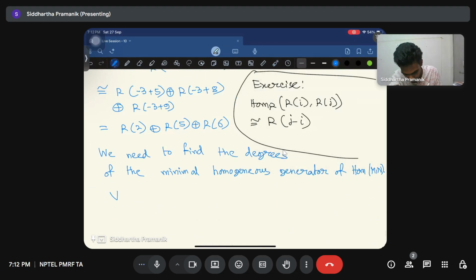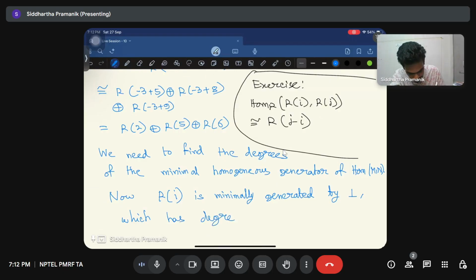Now R(i) is minimally generated by 1, which has degree -i, because 1 belongs to R0, and R0 is basically the minus ith component of R(i), right?